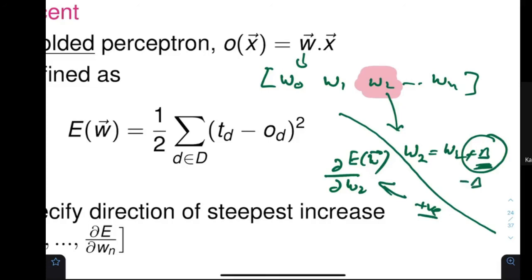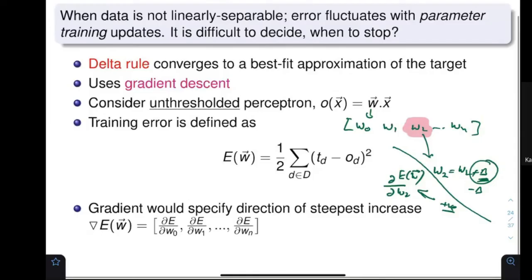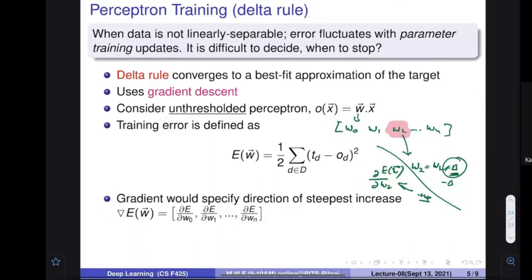We have seen earlier that this is the mechanism we use to optimize the parameter. We find the derivative and go in the opposite direction of it. If it is positive, we subtract. If it is negative, we increase, because ultimately we want to reduce the error.